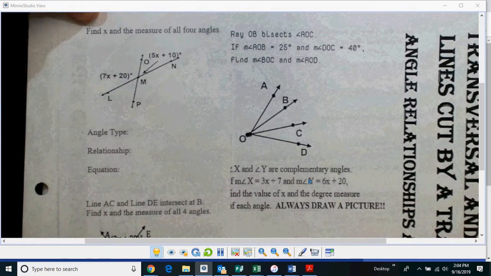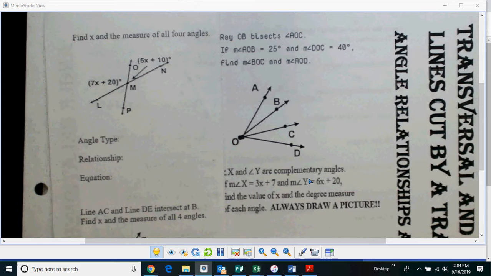All right, okay, looking at the first one, what type of angles are these? Look back on the previous page if you need to. Vertical? What are vertical? Vertical angles are across from each other at a four-way stop. Are these?